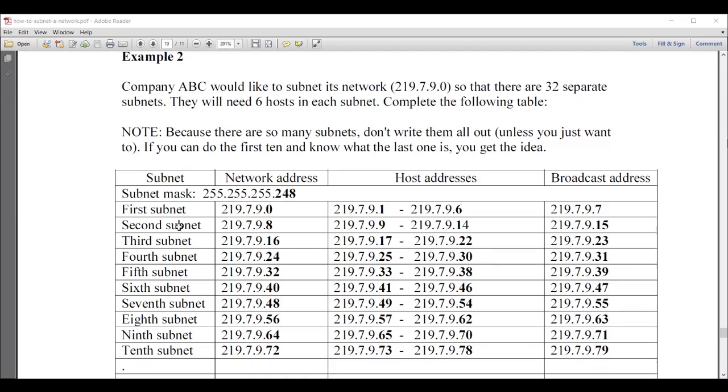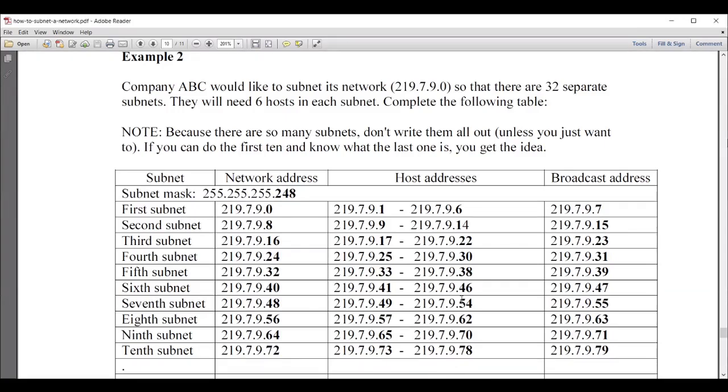Check the values, right? 128 should be there, 64 should be there, 32 should be there, 16 should be there, 8 should be there. If you add all these together, then you get 248, right? So that is how this value has come.